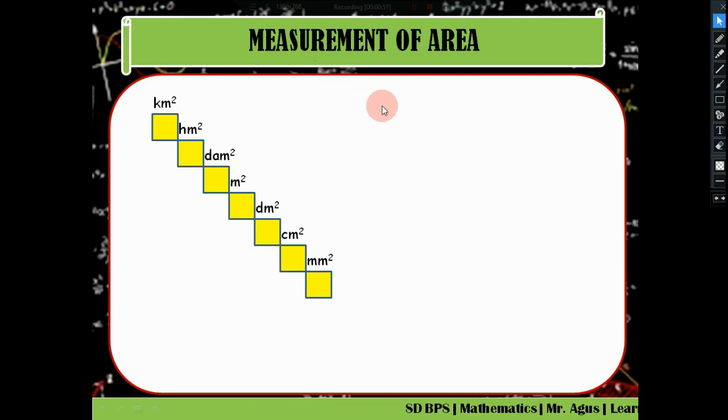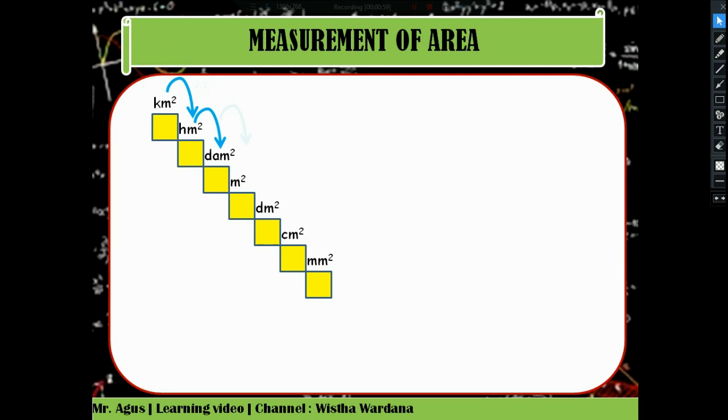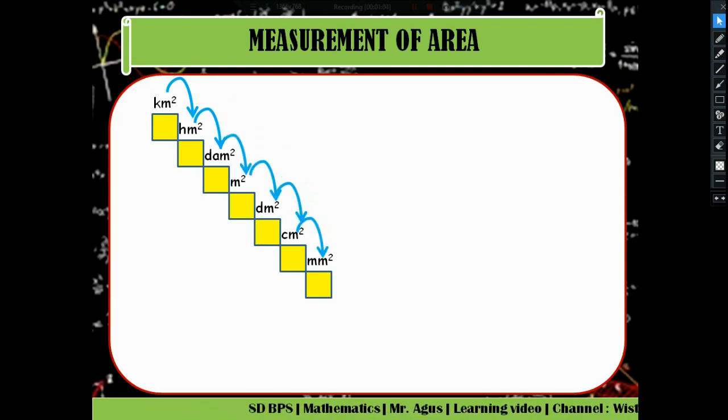There is something different from the measurement of the length, because in every one move down to the other measurement, you have to multiply by 100, not by 10, because we have the power 2 in this measurement.